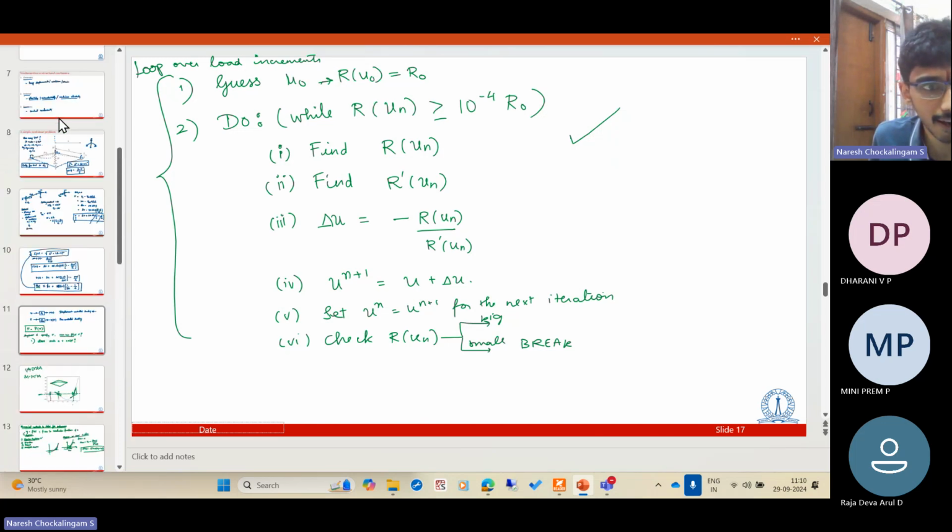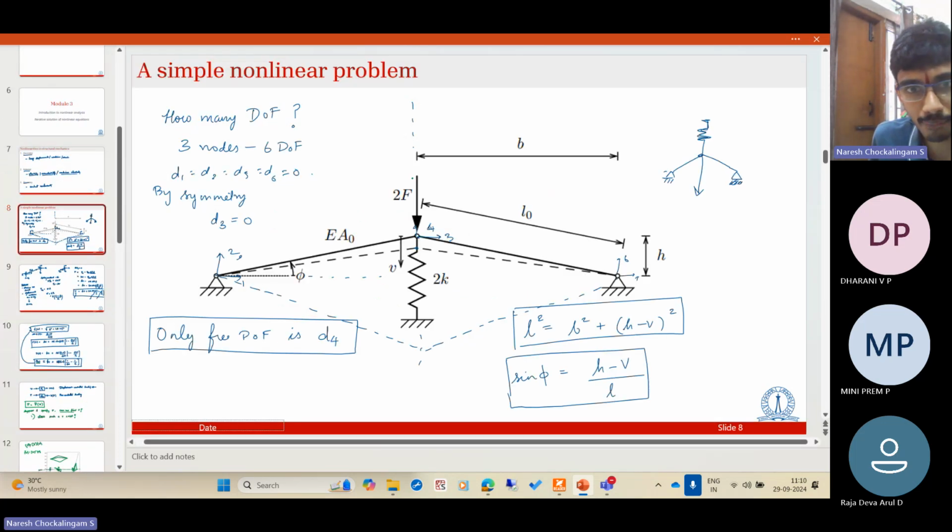Now, going back to the problem, if you hold this point and pull it down, you will experience changes in force. The force will initially increase, then decrease, then become negative. Then the truss will be pulling your hand, and again beyond some point it will become a downward force.